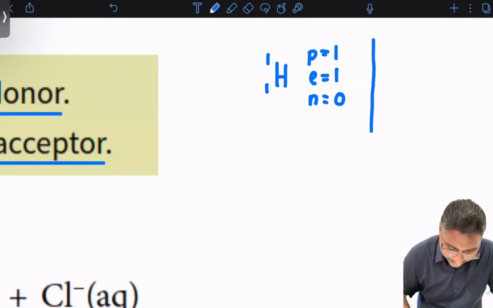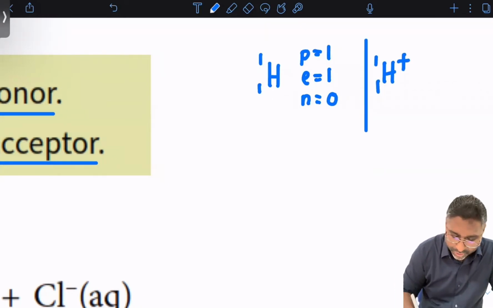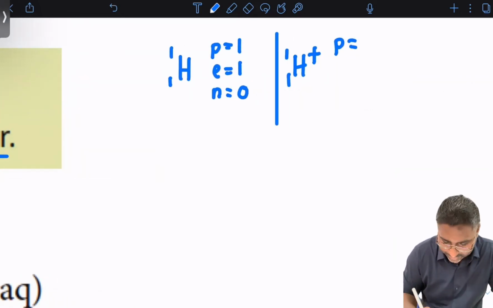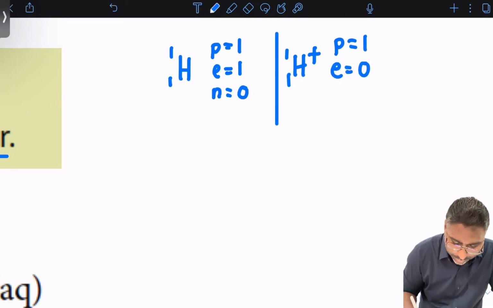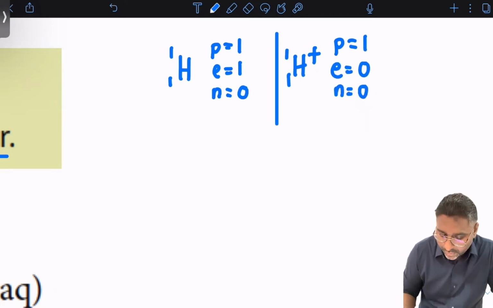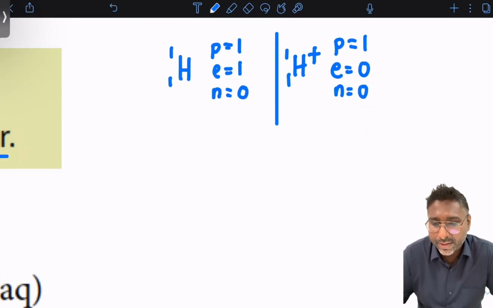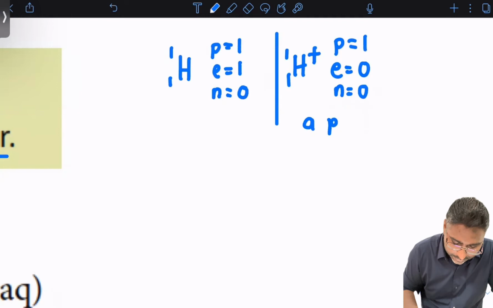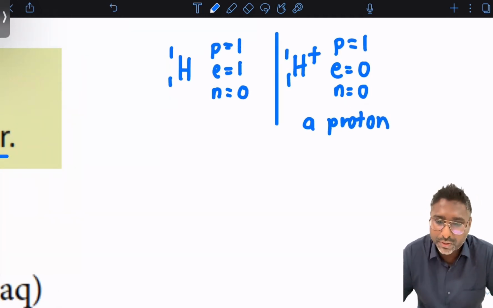But if I have H+, 1, 1, the number of protons is 1, the electron is the one that you remove, so it's 0, and neutrons still remain 0. So you can see H+ hydrogen ions, we can consider as a proton.